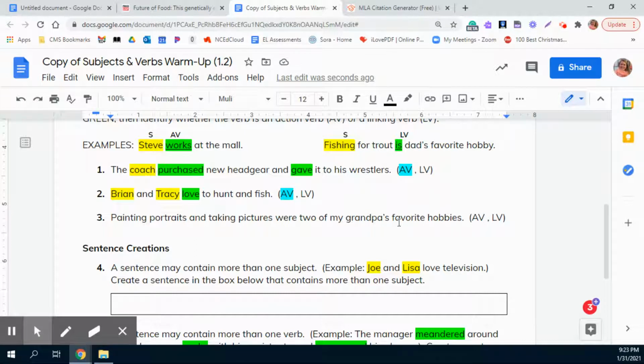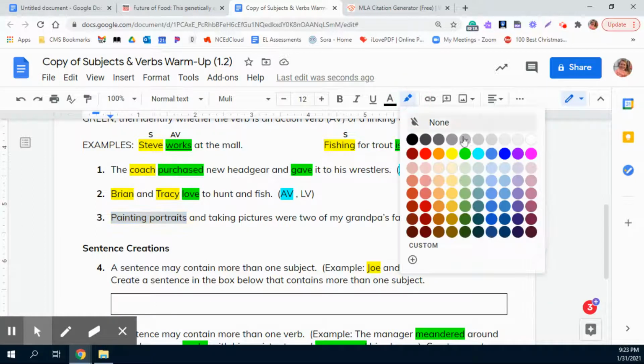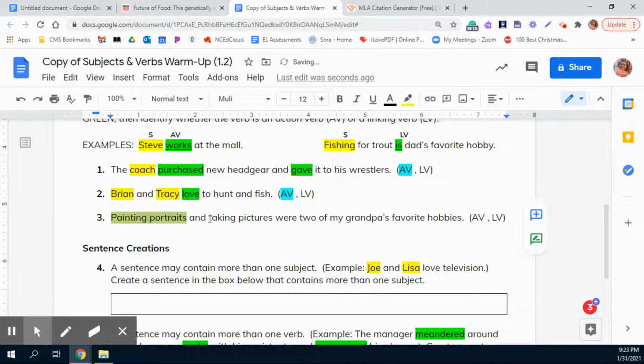But the way that this is constructed, we have 2 subjects at the beginning that look like verbs, right? So painting portraits and taking pictures. So painting portraits is our first subject, and taking pictures is our second subject. And there's no physical action that's happening here. We have a linking verb, were.